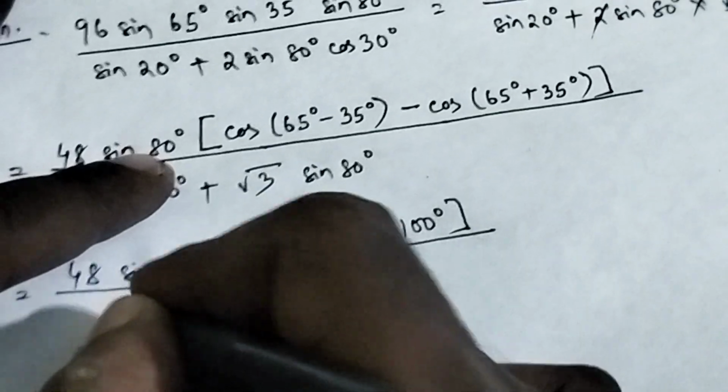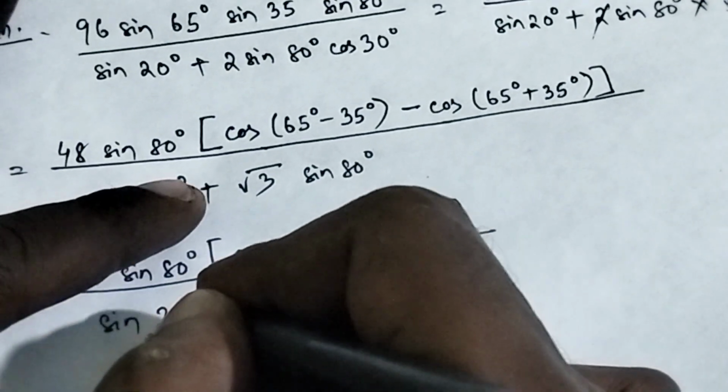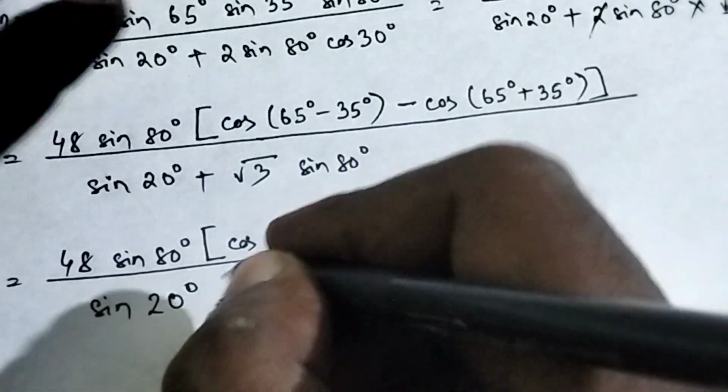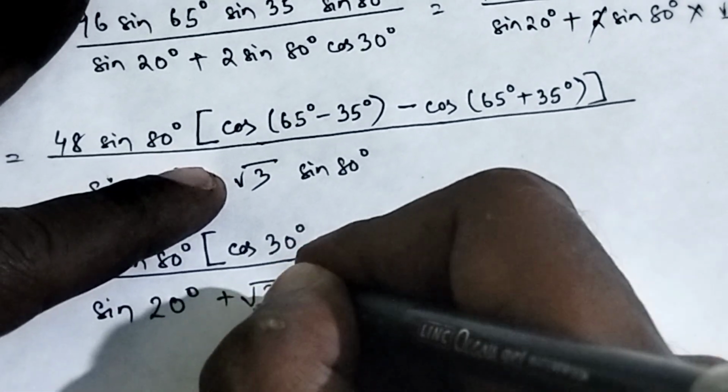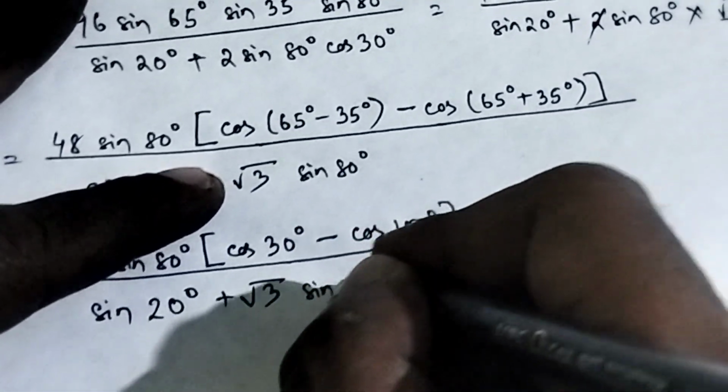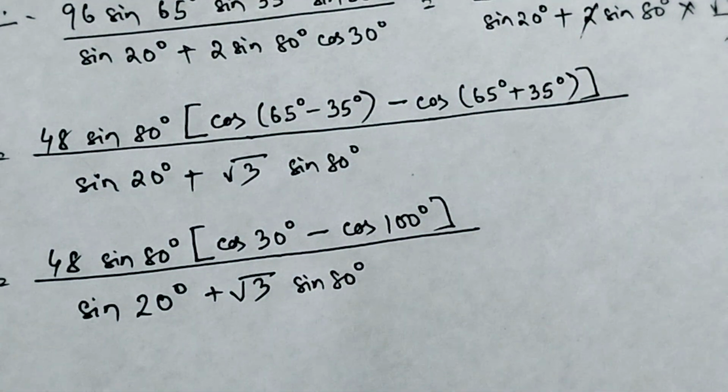Here in the denominator, sine 20 degree plus root 3 sine 80 degree.